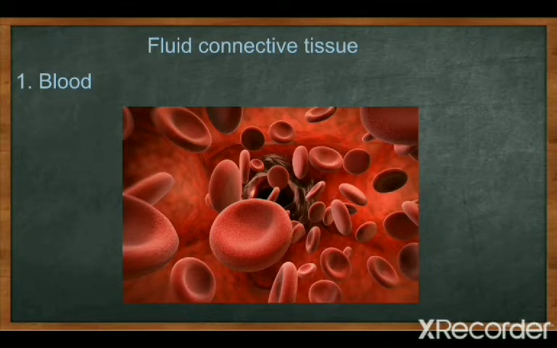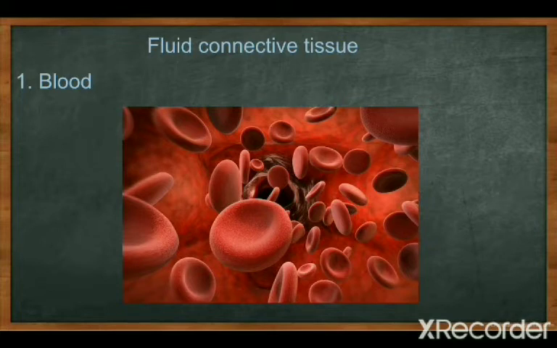First we see some points about fluid connective tissue. First thing, it keeps on moving in our body. It helps to transport some materials, nutrients, products or hormones to the different parts of the body.